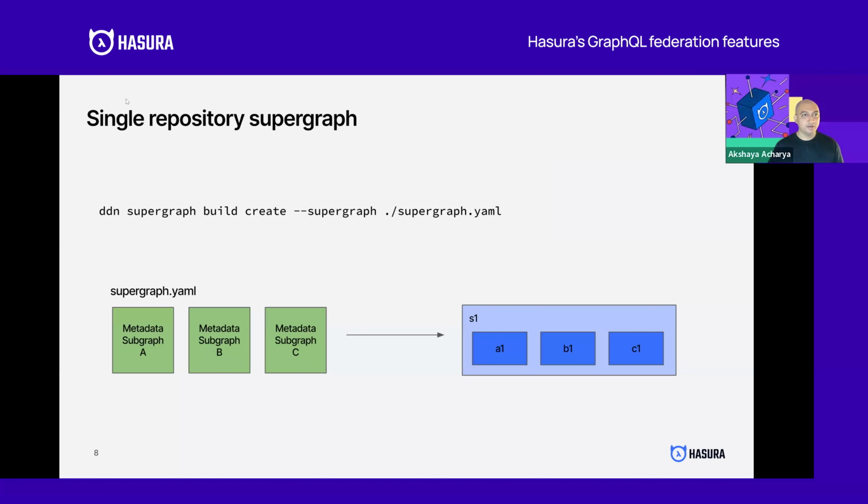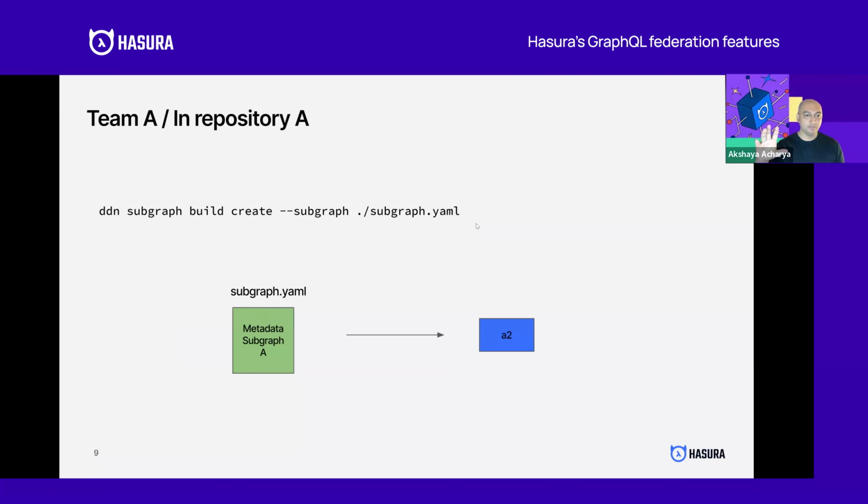With a single repository that contains the whole supergraph, you can just take all your subgraph metadata and create your supergraph build. But in a federation context, a team A, let's say, that owns subgraph A can split off only that subgraph's metadata into a different repository. What they can do now is create a subgraph build, which is based on only the metadata for that subgraph.